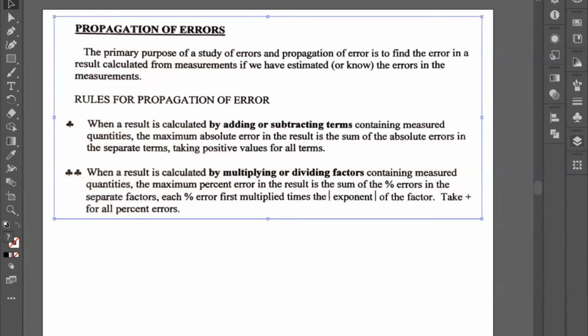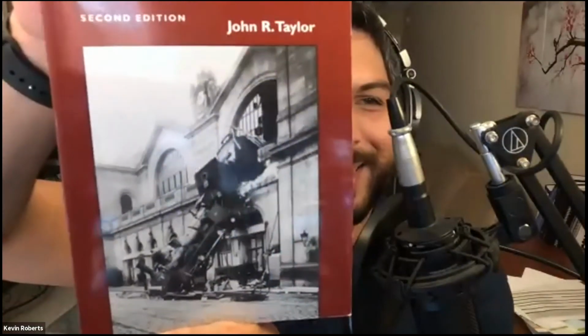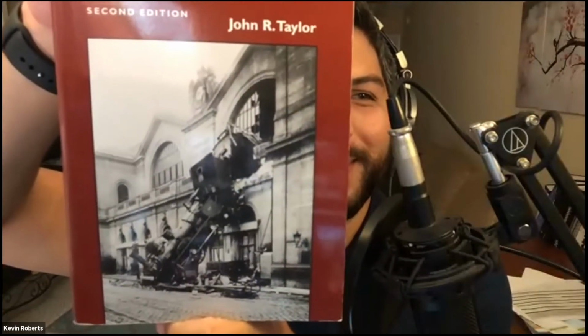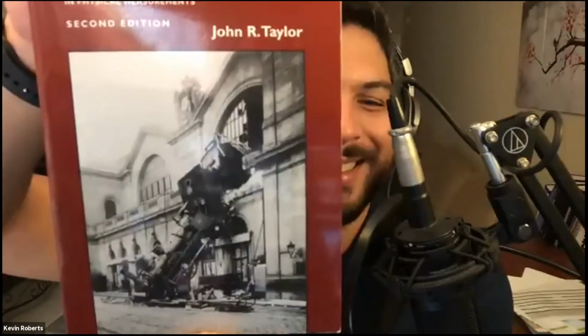If you want a more sophisticated introduction to error analysis, here's a book right here. It famously has a photo of someone who had problems propagating their error. Can you guys see that? Let me stop the sharing so you can look more closely on mine. Is that a train coming out of a window, going right through the train station?